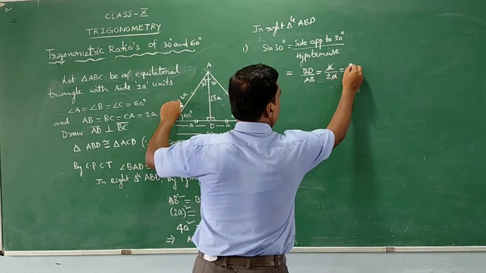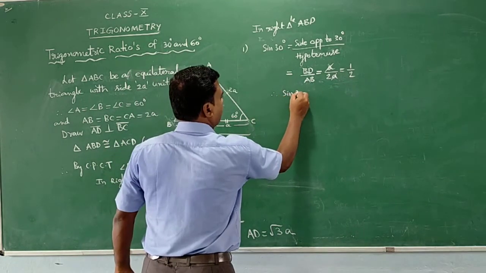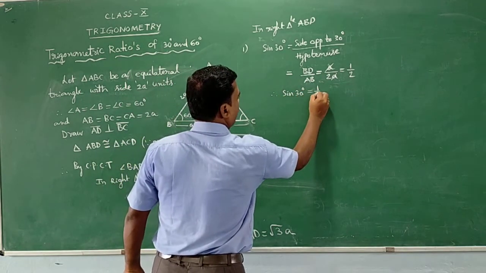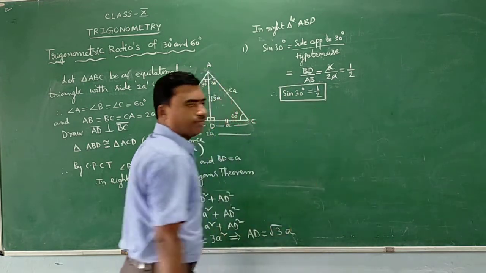The a's cancel. Therefore, sine 30 degrees is equal to 1 by 2.